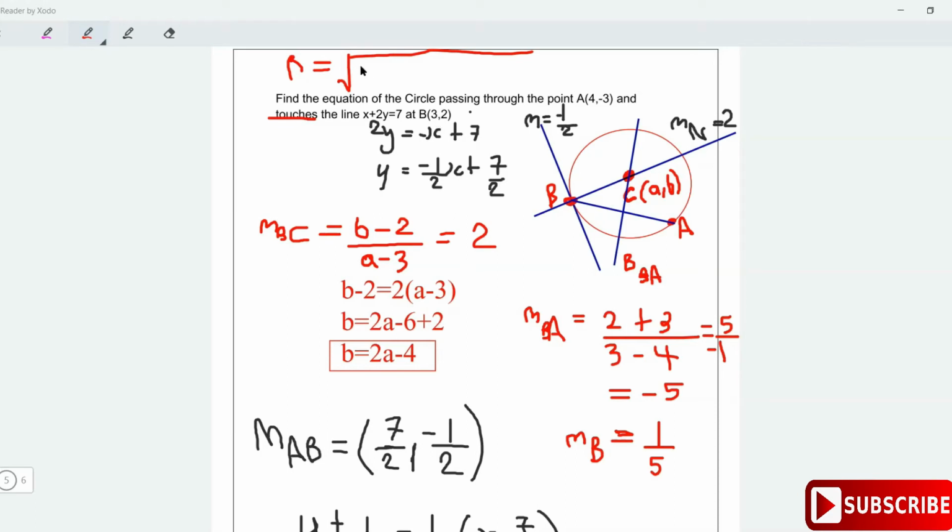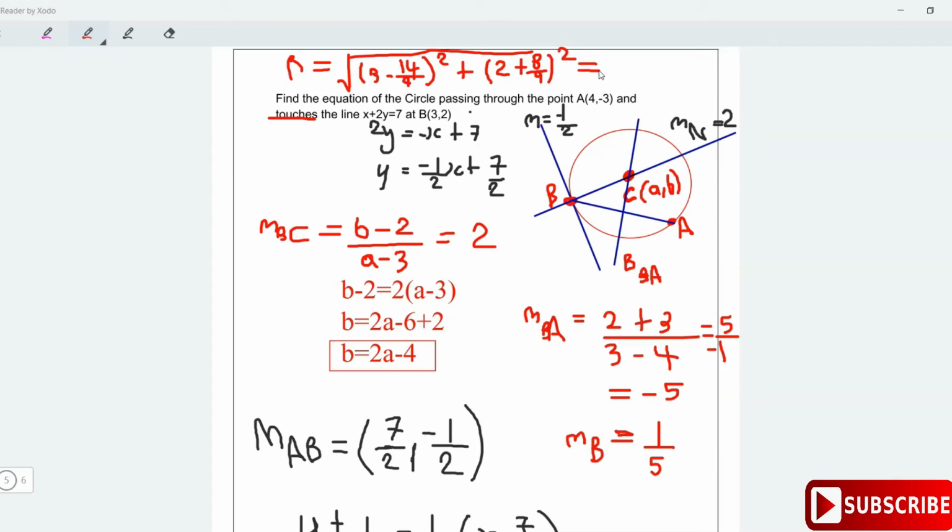So it's 3 minus 14 over 9, squared, plus the y value at b, which is 2 minus the y value at the center, which was minus 8 over 9, so it becomes 2 plus 8 over 9 squared, all square rooted. So we work this out to get the radius.